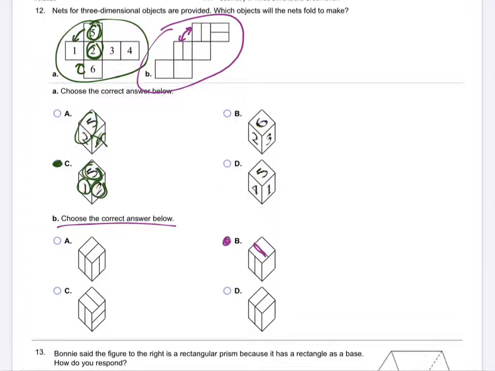Let me use some colors to try to make this clear. This piece right here will come down and be this piece right here, and this piece right here will end up being this piece right here, and this blank side here will end up right there.